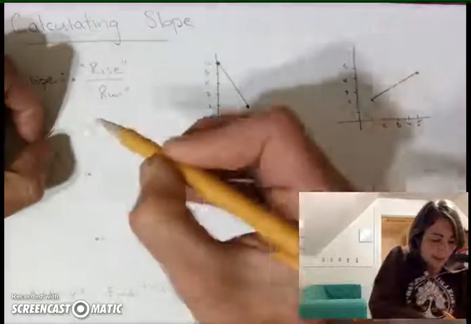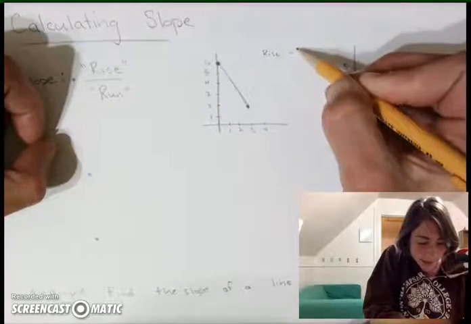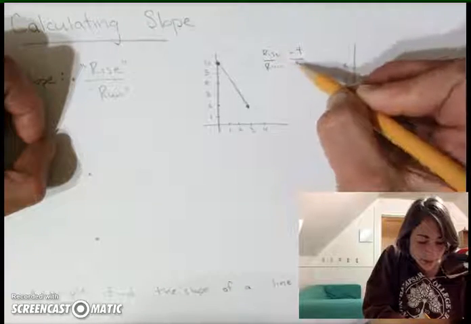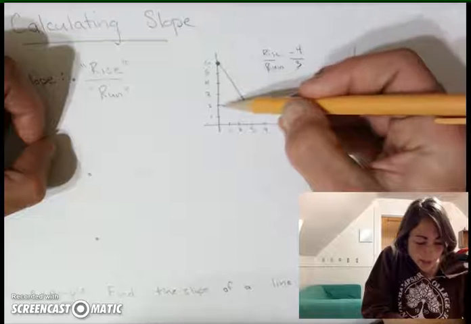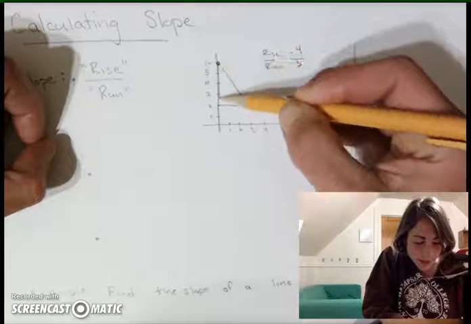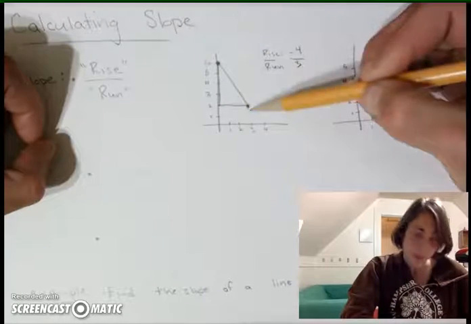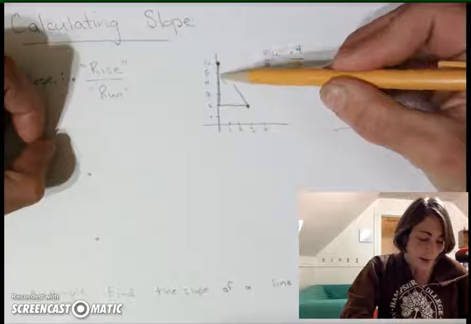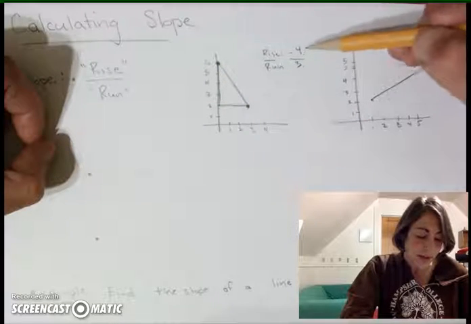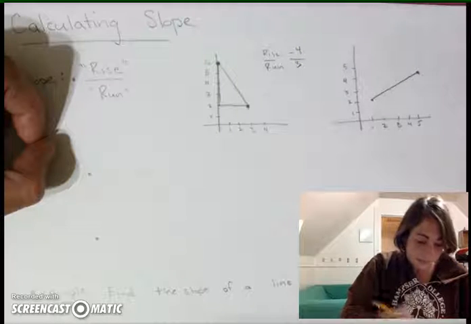So the rise here in this example is -4, and the run is 3, because in order to go to the right 3, I had to go down 4. So you're sort of looking at the legs of the right triangle that are formed by the 2 points, and the rise is the length of the vertical leg and the run is the length of the horizontal, but you have to pay attention to the sign as well, whether you're going up or down.